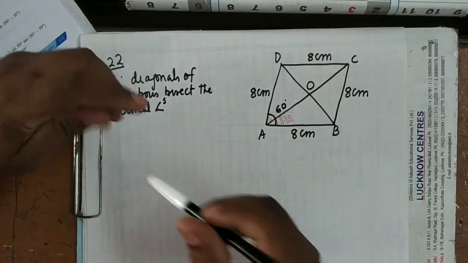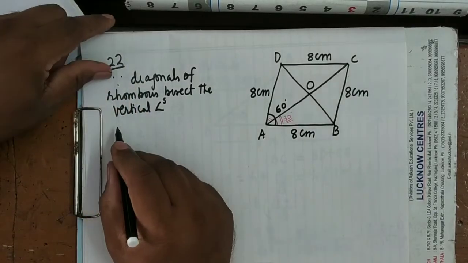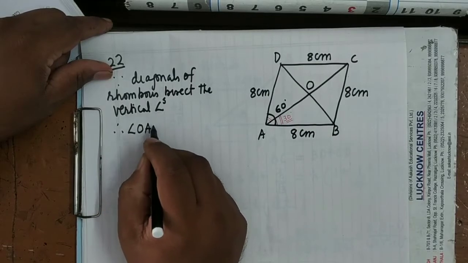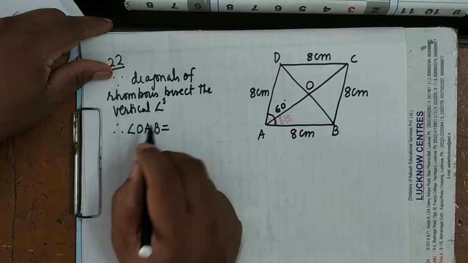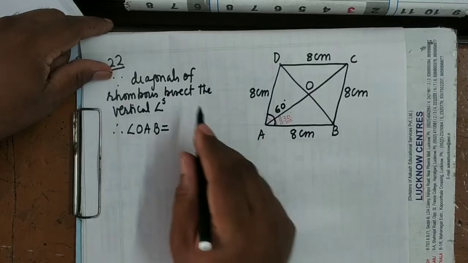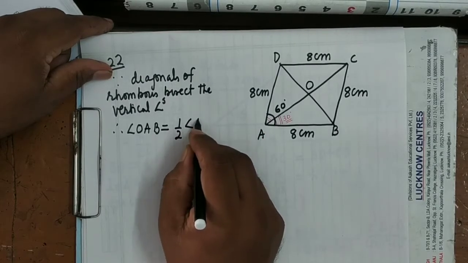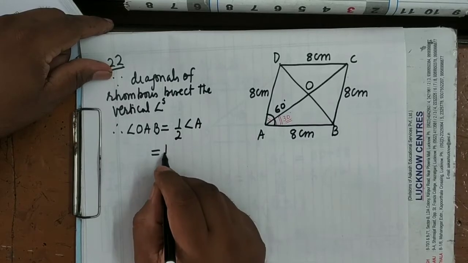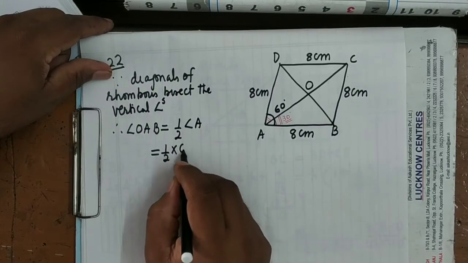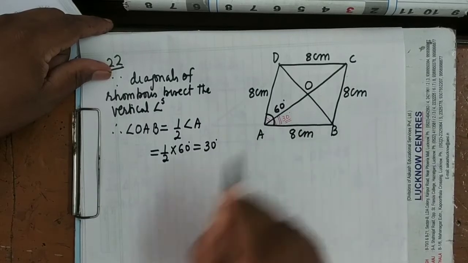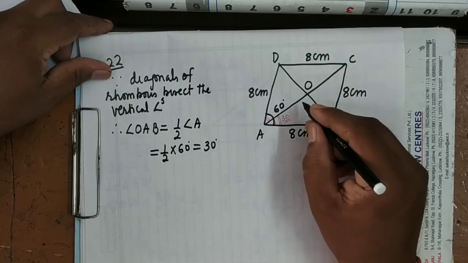It is clear. Second, so you write down therefore angle, we will write only that part which is relevant for us in solving the question. 1/2 of angle A, so it will be equal to 1/2 into 60 degree equals to 30 degree. So this angle will become 30 degree. It is clear.